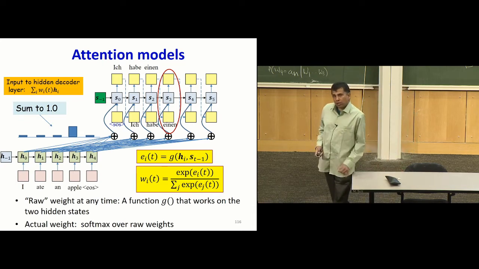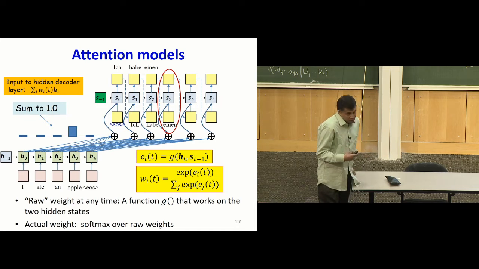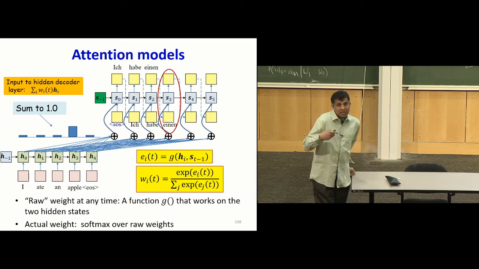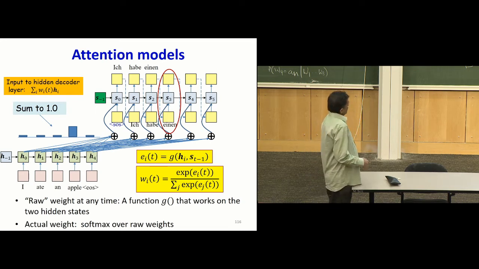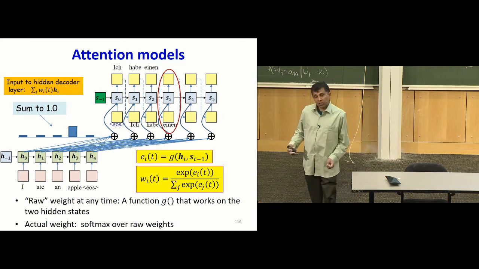So if I want to know with what weight the ith input must be considered when I am making the tth output prediction, then the raw weight is going to be a function of h_i and the output hidden state s_{t-1}. Now these raw weights can be any values. We are not really placing any restriction on them.